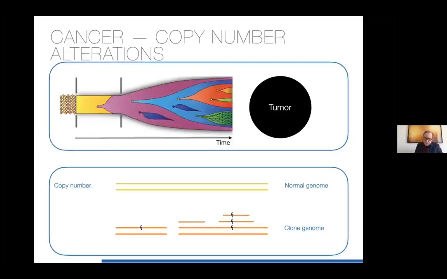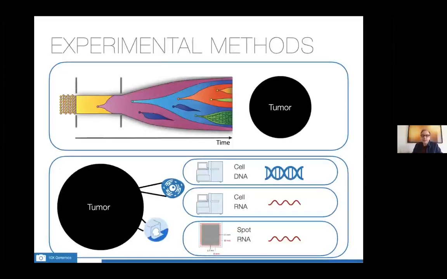But I will focus on the point mutations and assume that the cancer genome has copy number 2, like normally, just to simplify things.